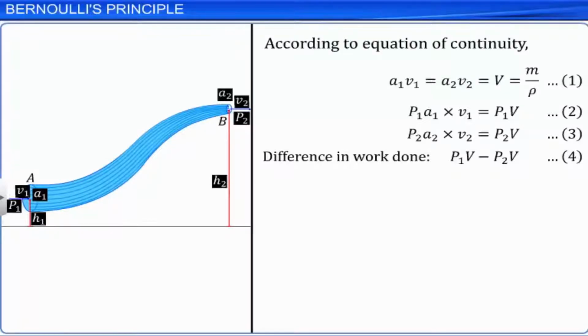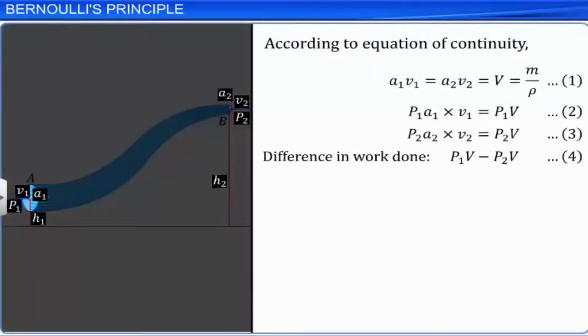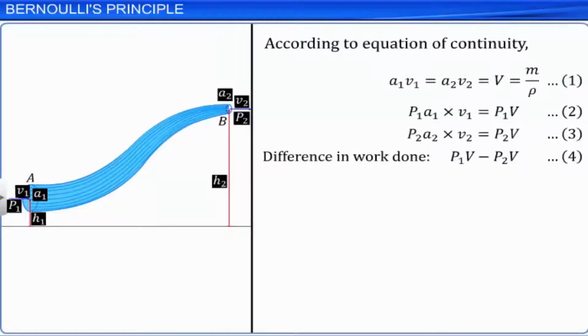A part of the change in the mechanical energy is used to increase the potential energy of the liquid element and the remainder to increase its kinetic energy. As the liquid element moves from A to B, the velocity of the element increases from V1 to V2 and the height increases from H1 to H2.